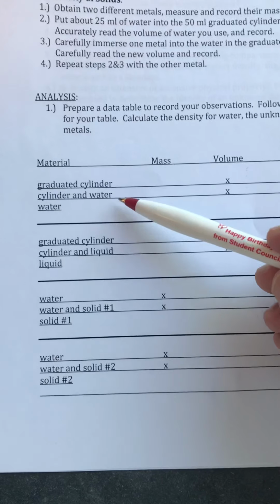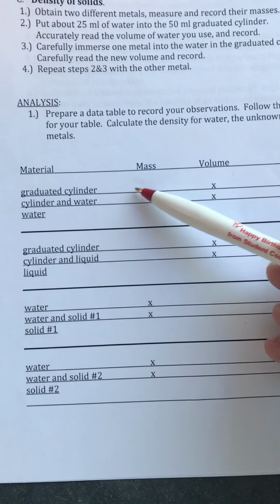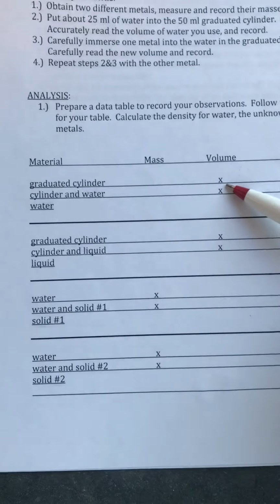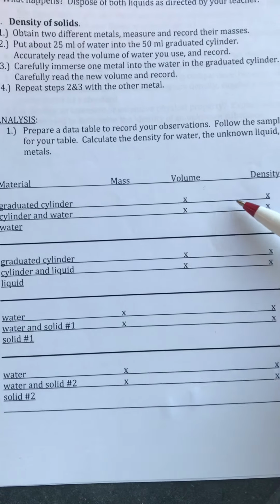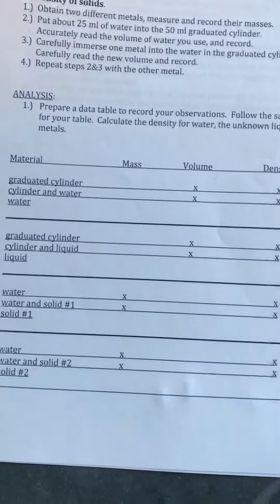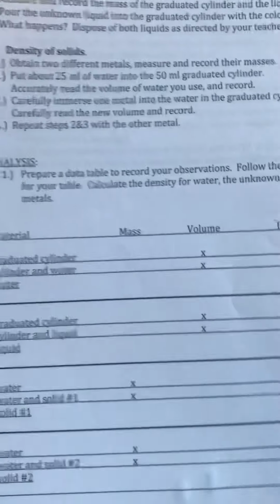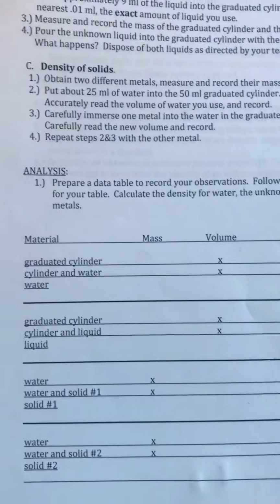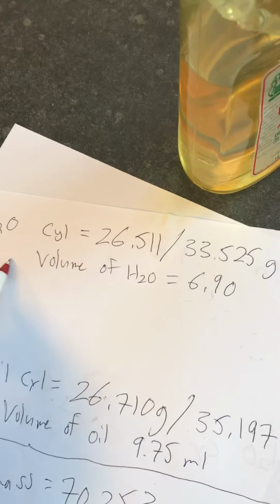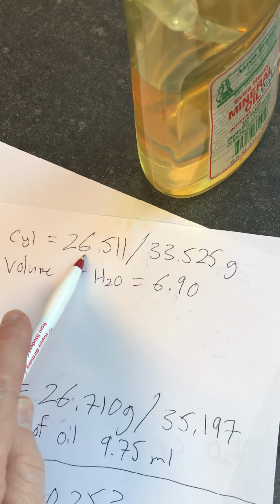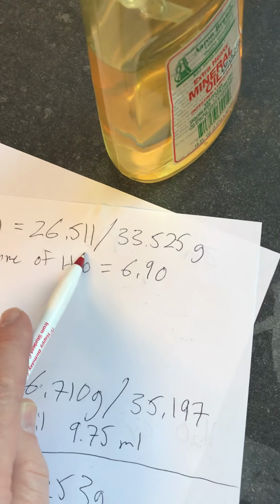So up here, this is for the water. The graduated cylinder, you need the mass for it. You don't need the volume of a graduated cylinder. And you don't need to know the density of a graduated cylinder, but you need to know the volume of the water used. So here we've got the graduated cylinder mass, 26.511.